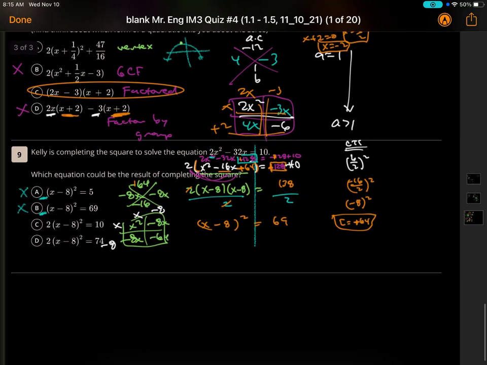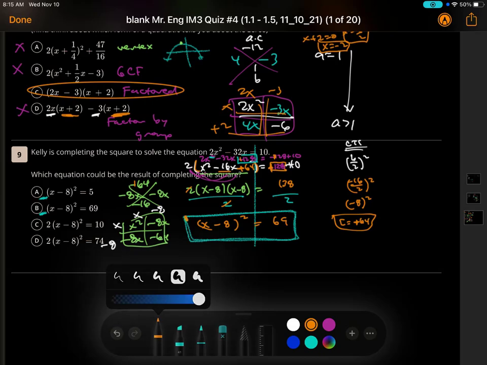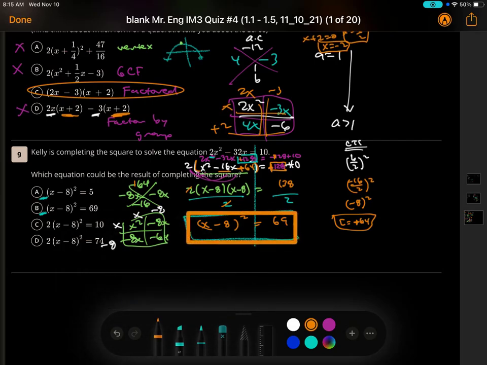Well, initially I was wrong, because look at my answers. Now I can tell you why this, let's do super thick, this matches this one, B. Because the point is, even though you get an equivalent expression, right?